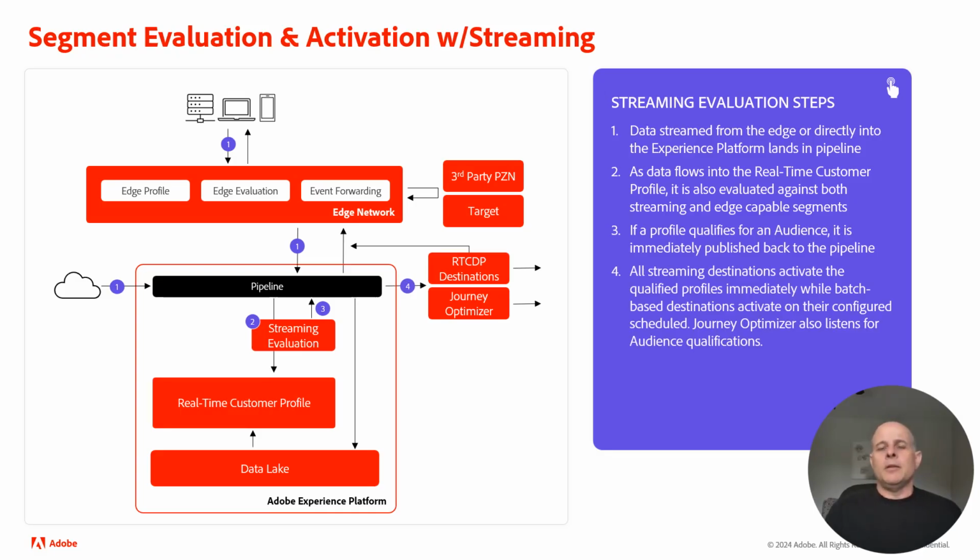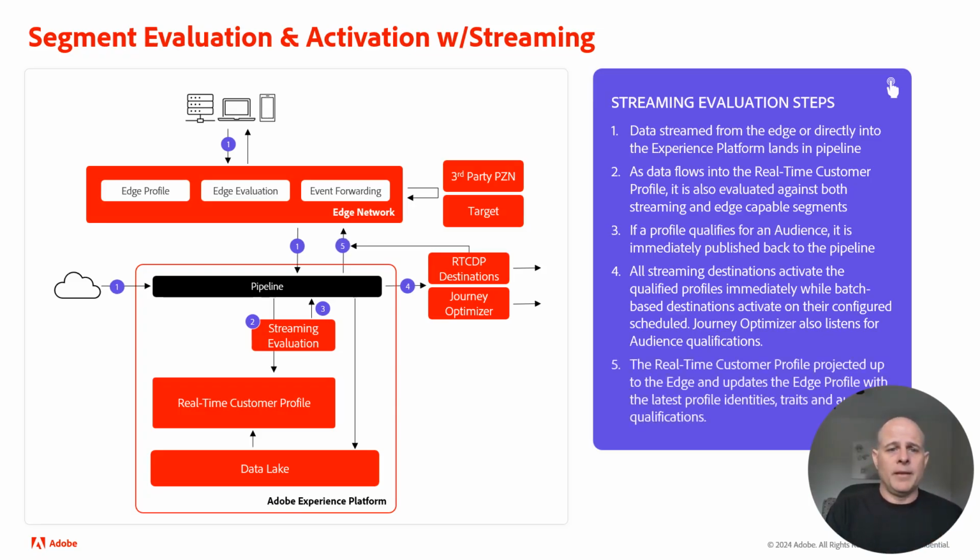From there, destinations may fire off to say this person qualified for this audience, send it out to this destination, or journeys may be listening to certain criteria around a segment qualification. Lastly, it may be sending that qualification back up to the edge network saying this profile now qualified for this audience, make it available on the edge.